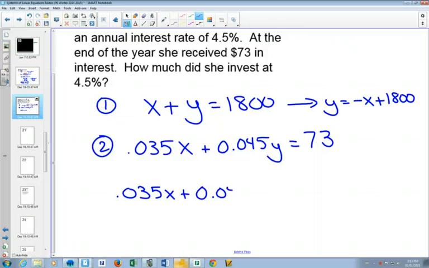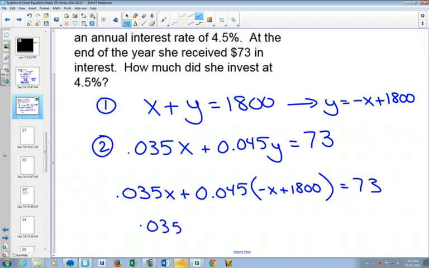And now we can rewrite the equation, but instead of writing y, we write -x plus 1,800. Multiply things out. 0.045, oh, this will be a minus because it's multiplied by -x.